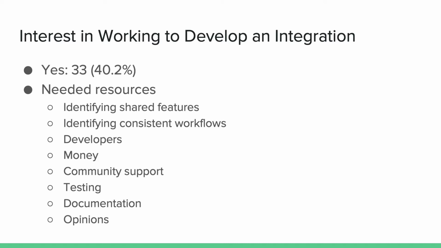People, of course, needed technical help, developers, money, community support. They were interested in being paired up with people who might help with testing integrations, documenting them, and also just giving their opinions on what works, what doesn't work, what would be a good idea to include. So there's a lot of community interest in integrating ArchivesSpace with other systems, and a lot of interest in actually being involved in that process.